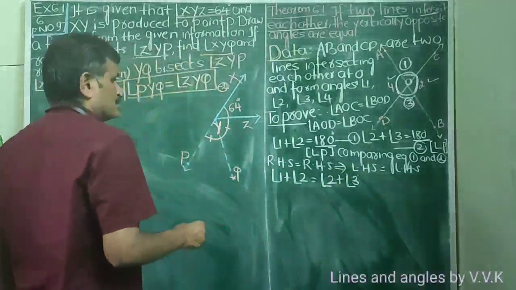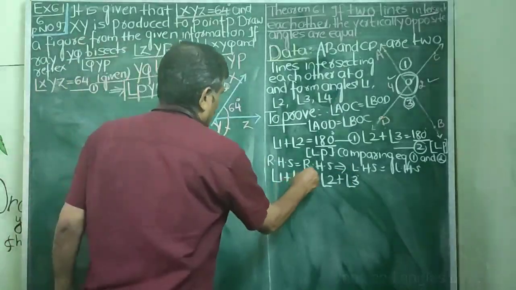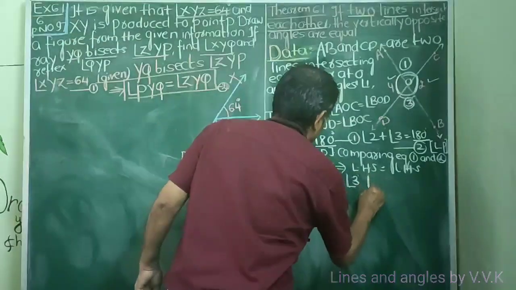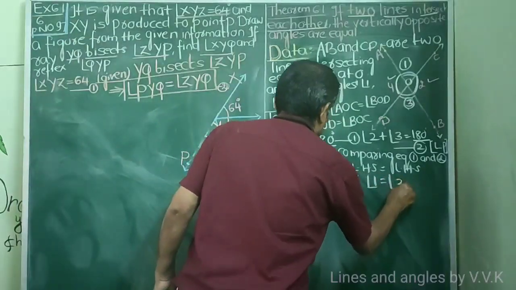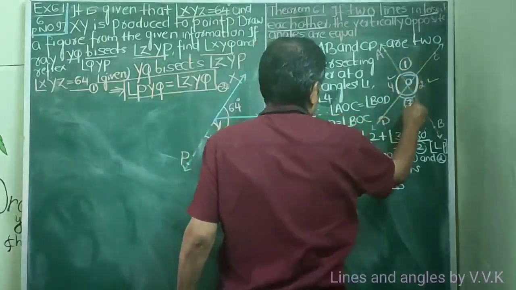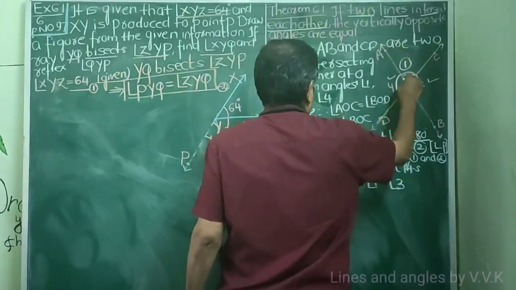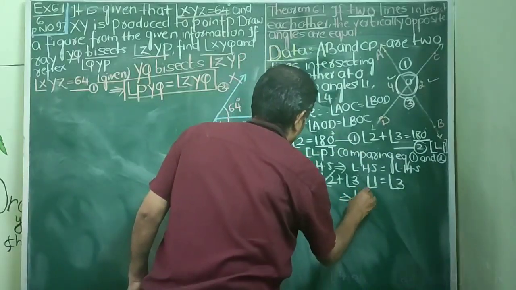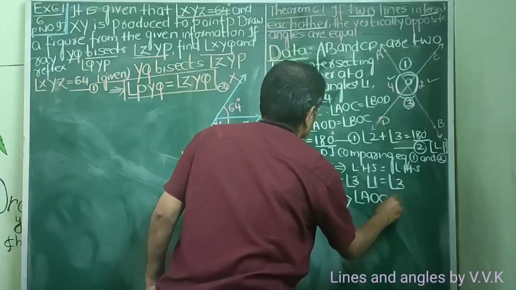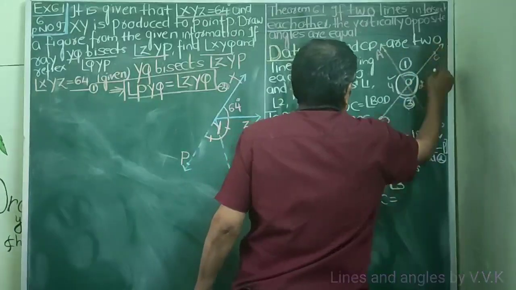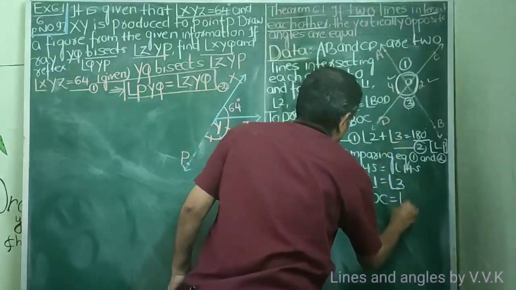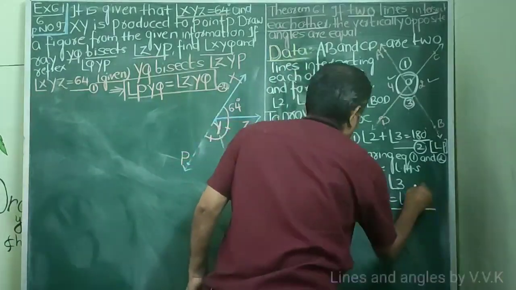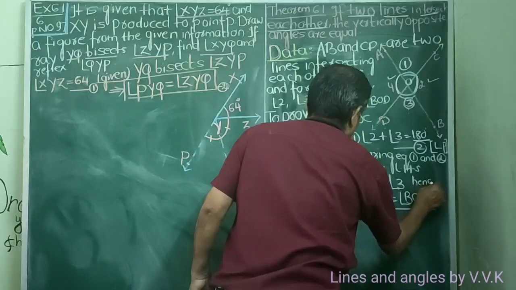This angle 2 and angle 2 I can cancel. So dear children, what I got is angle 1 equal to angle 3. If angle 1 equal to angle 3, then I can say that vertically opposite angles are equal. Implies angle AOC is equal to angle BOD. Hence proved.